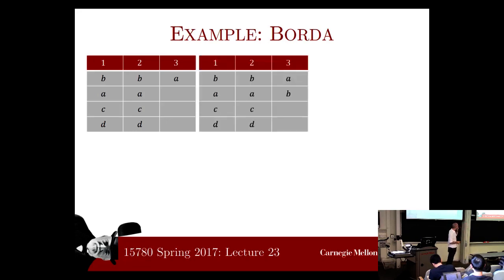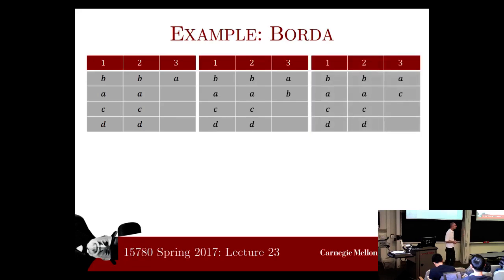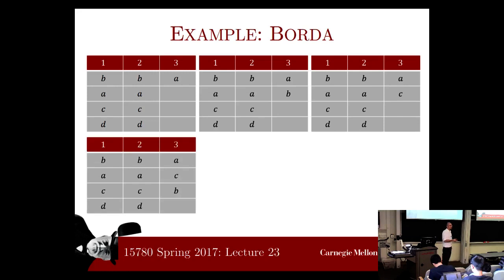So I'm trying to put B, I can't. I try to put C, that works. Now I'm asking, okay, for the next position, can I put B here? And the answer is again no, because if I put B here, B would have 3 plus 3 plus 1 points, that's 7. A also has 7 points, so that would prevent A from uniquely winning the election, right? We didn't want a tie.